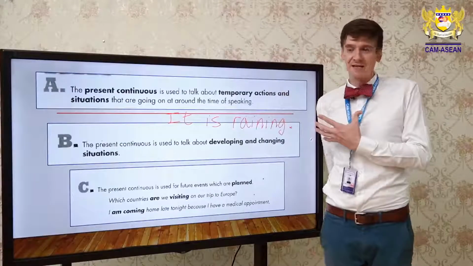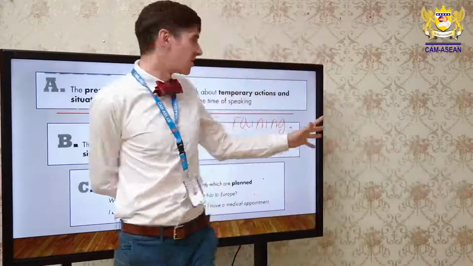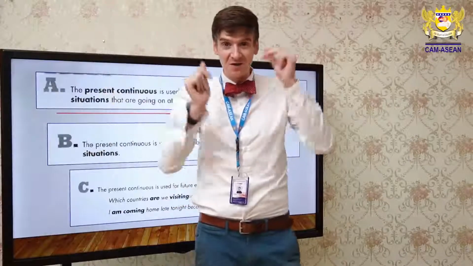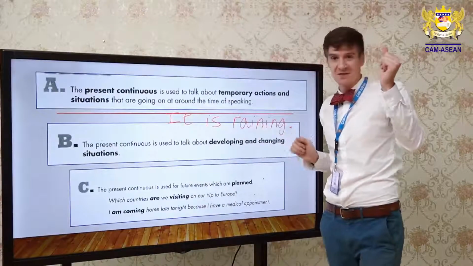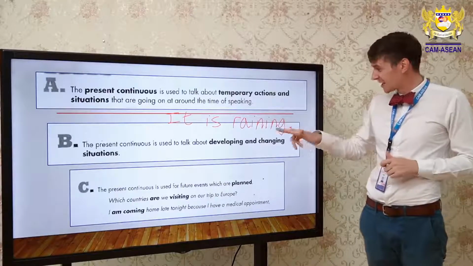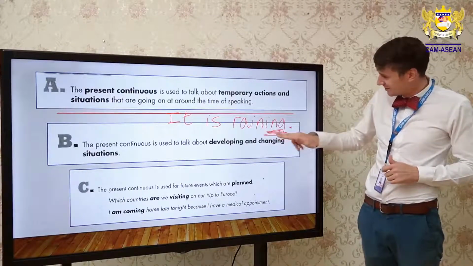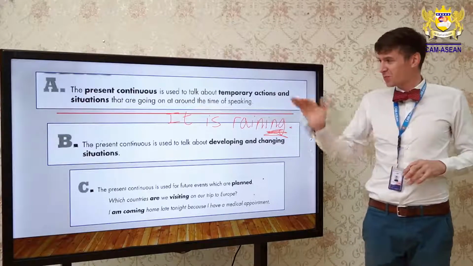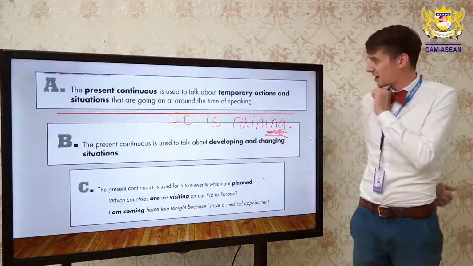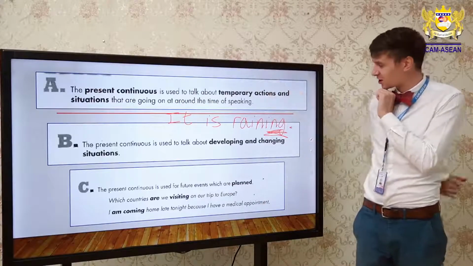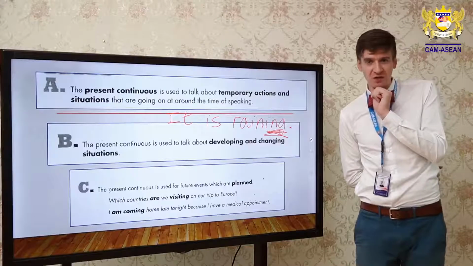What tense do we see here? What's our signal for this sentence? What tells us what tense this is? In this case, it's the ing. The ing is our signal. So we know it's present continuous. Okay. Which situation, I wonder, would this go into?